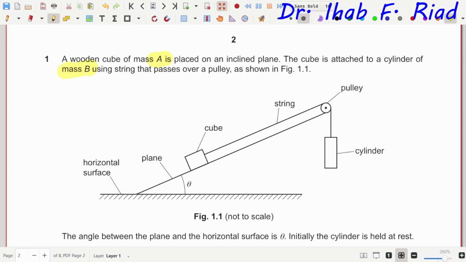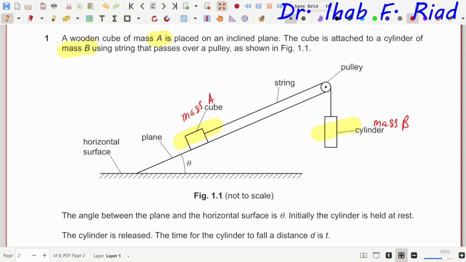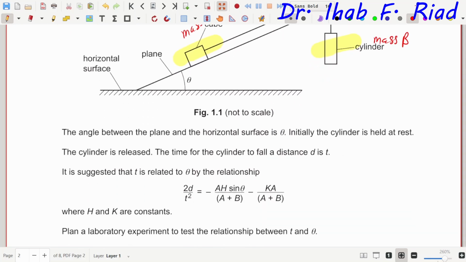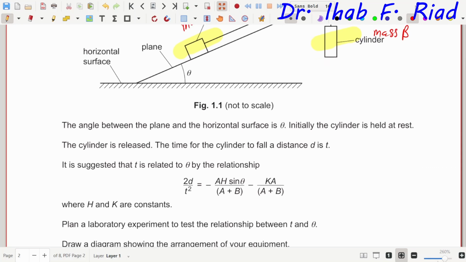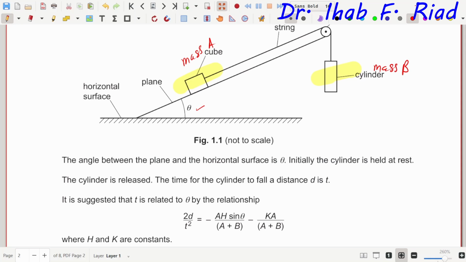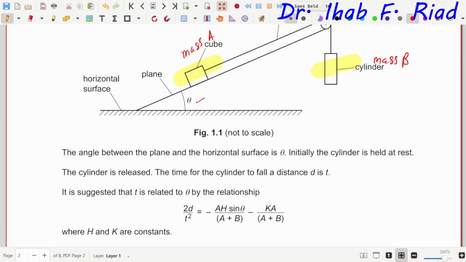So we have a cube with a mass A and a cylinder with mass B. The angle between the plane and the horizontal surface is theta. Initially, the cylinder is held at rest. So this is an angle theta and the system is kept at rest.